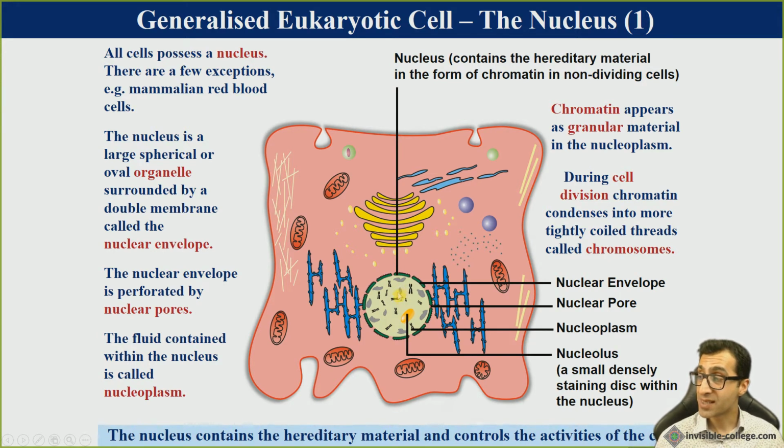Chromatin is a dense, dark staining material which you can see as blobs in the nucleus during the portions of the cell cycle where the genetic material is not undergoing replication, or is not being moved about during cell division. And remember, the chromatin is made up of the DNA plus those packaging proteins as well.